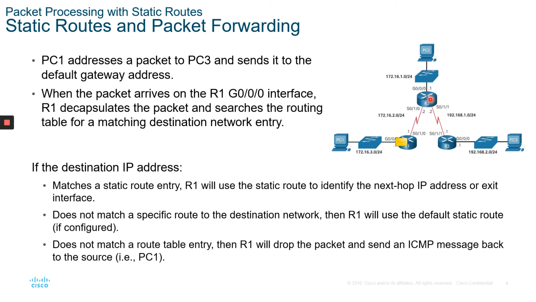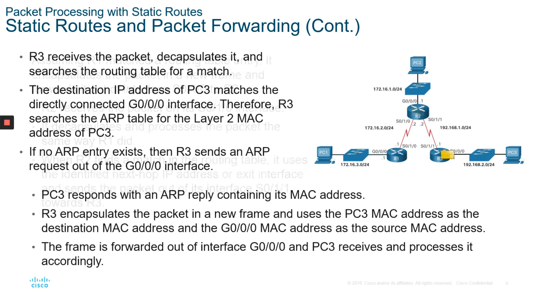R2 will perform the same activity as R1: de-encapsulation, matching the destination address, then again forwarding it to the next hop IP address if there is one. The next hop is going to do the same thing. It's going to de-encapsulate and do the matching, and in this case, if it's a connected device, it's going to look into the ARP table for the MAC address.